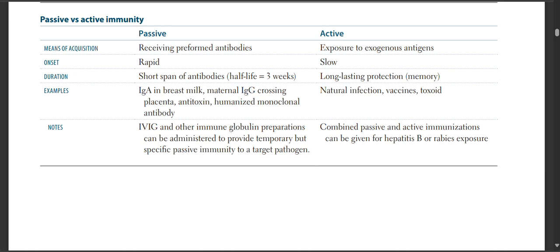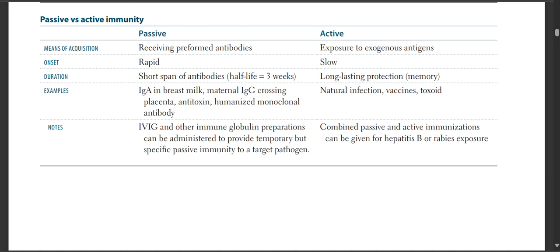This could be preformed antibodies, which will directly kill the bacteria, or an antitoxin, which will directly neutralize the toxin. On the other hand, in active immunity, you need to activate your own body to produce the cure. This could be an infection. Let's say you had an infection, your body fought against the infection, and now it knows how to treat the infection. So that is active.